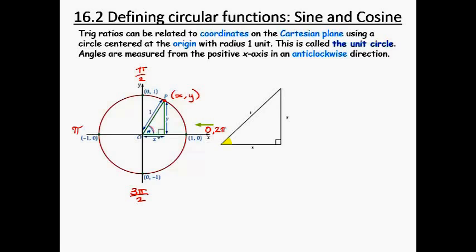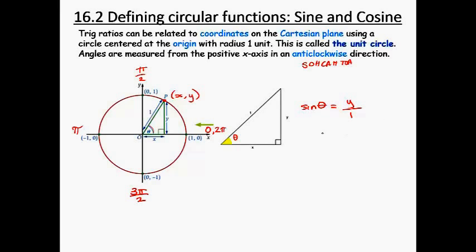So here's my angle theta, and using my trig ratios, if we remember SOHCAHTOA, the sine of any angle is equal to the opposite, which is whatever the value of y is, over the hypotenuse, which is 1.